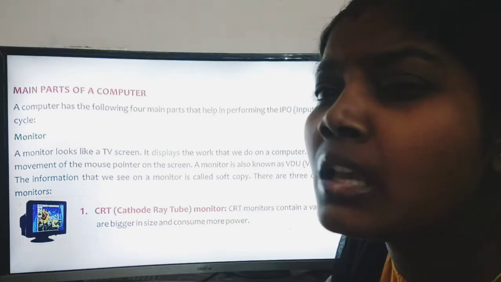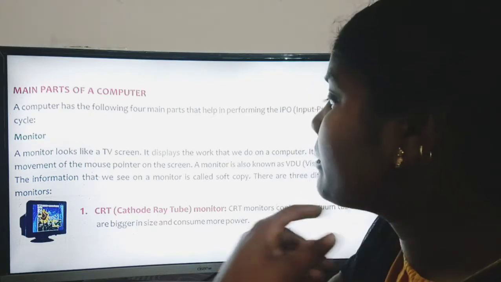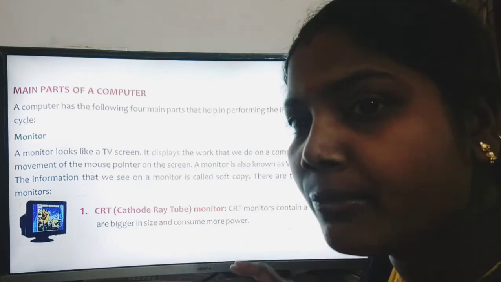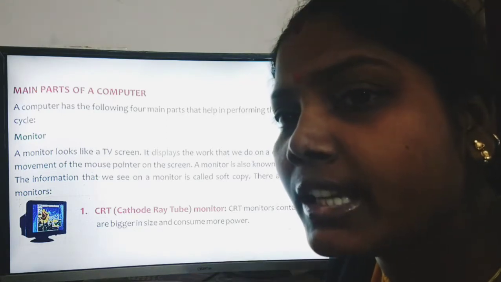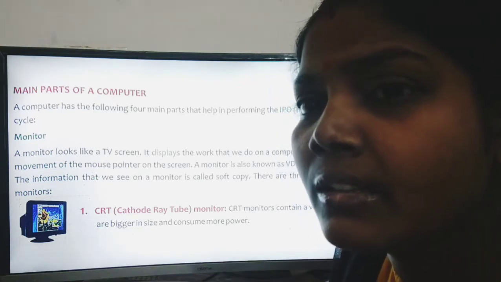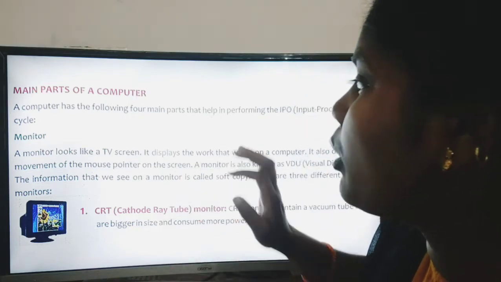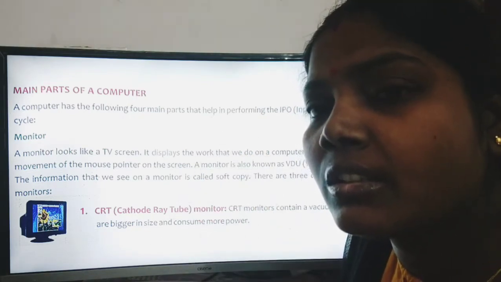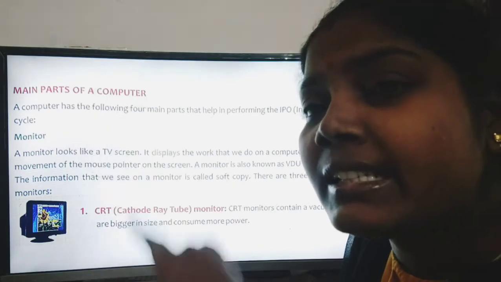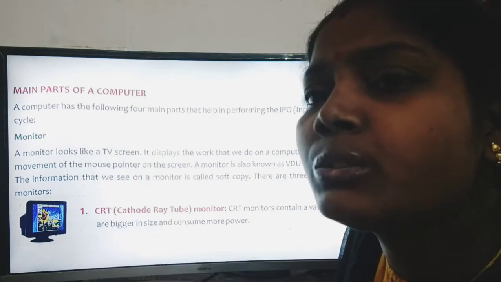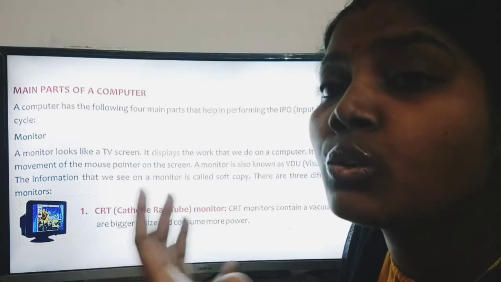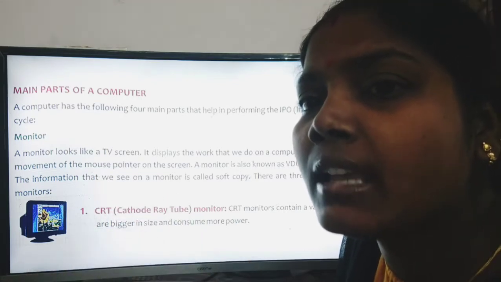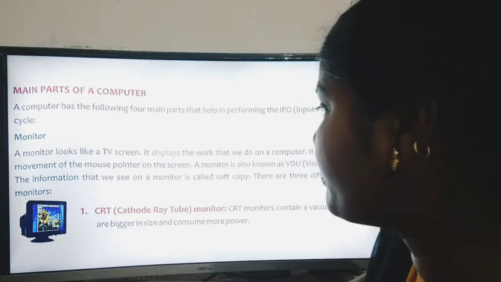Because the mouse we can touch, see and feel, and the keyboard we can touch, see and feel, but the monitor we can only see. We cannot do anything else with the result it shows on the monitor. That's why it is called soft copy.